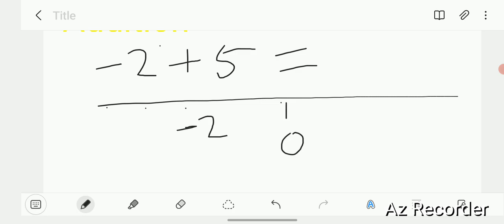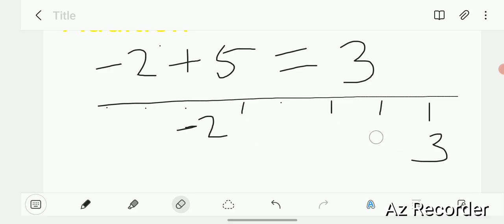Now you have to go +5, which means 5 steps towards your right. 1 step -1, 2nd step 0, 3rd step 1, 4th step you will be standing at +2, 5th step you will be standing at +3. Then the answer is 3. -2 plus 5 is 3.